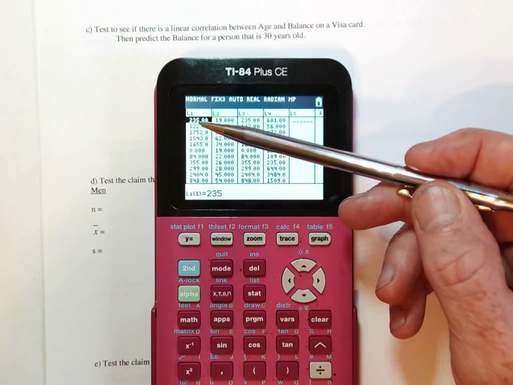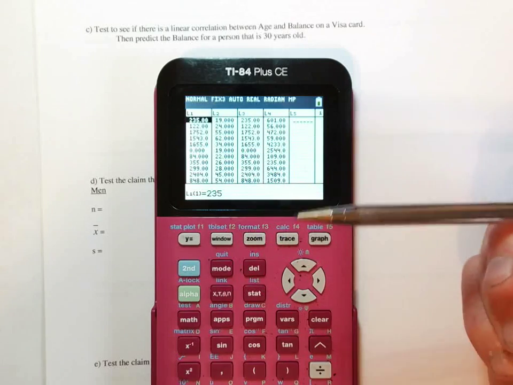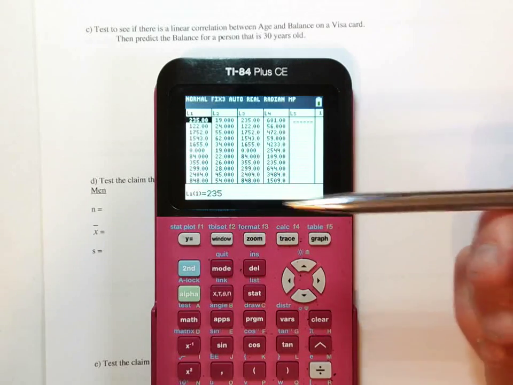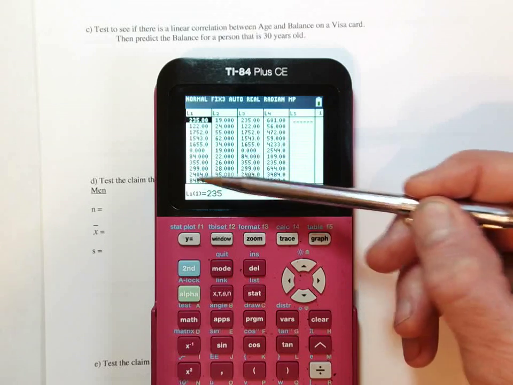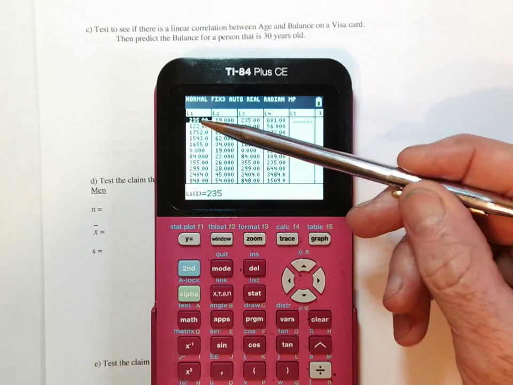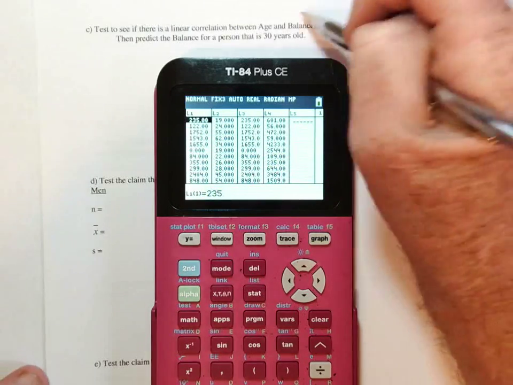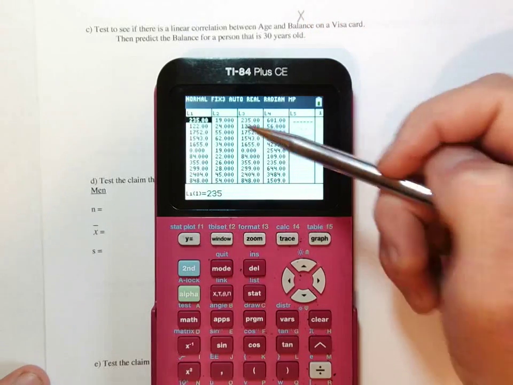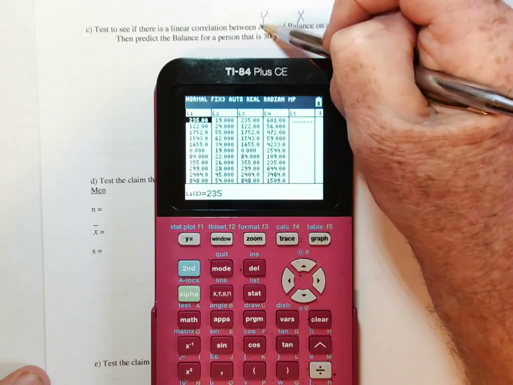So I typed it in that the balance was first and the age was second. That's perfectly fine, but just keep in mind that whatever's in the first list is considered X, whatever's in the second list is considered Y. So that means that the balance is considered X and the ages are considered Y.